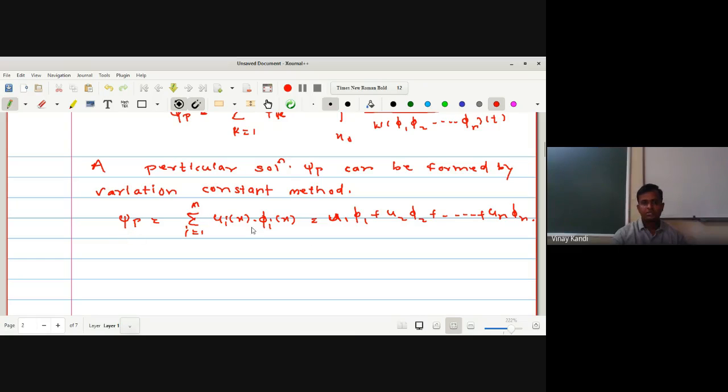The value of psi p is u1 phi 1 plus u2 phi 2 up to un phi n, where u1, u2, up to so on un are unknown functions to be determined. We have to determine the values of u1, u2, up to un.